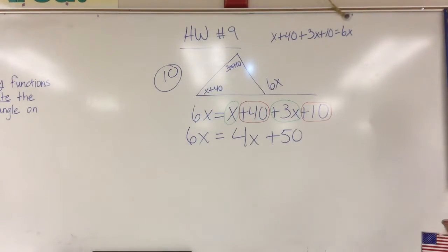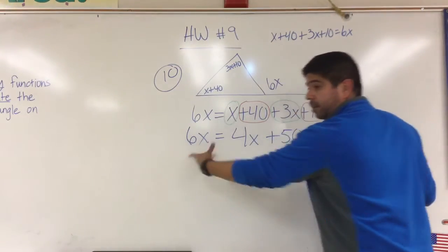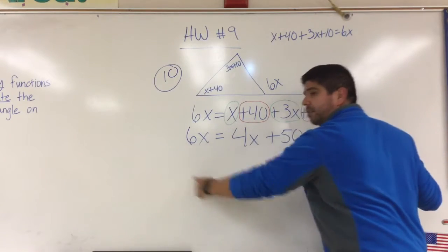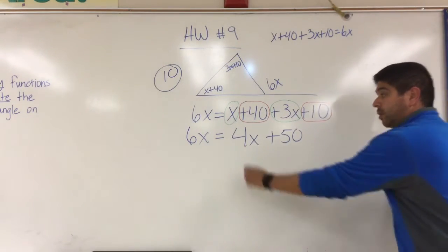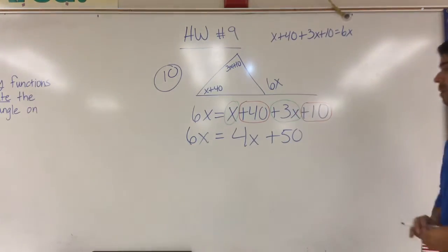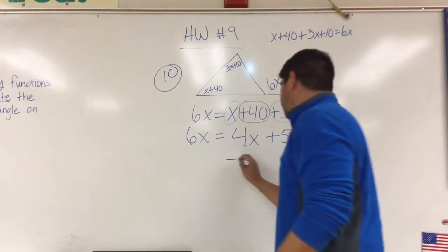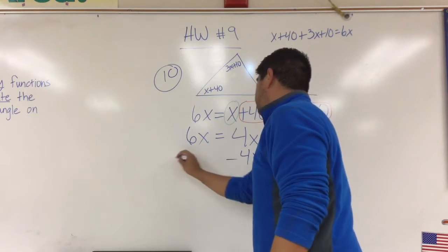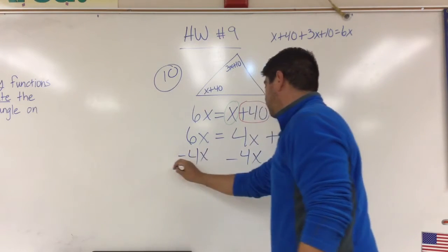All right, so now I'm here. This is why I put the 6x over on this side, because I have my variables here on the left side. Okay, so I can take the inverse of 4x and move it over here. So the inverse of 4x is negative 4x, negative 4x.